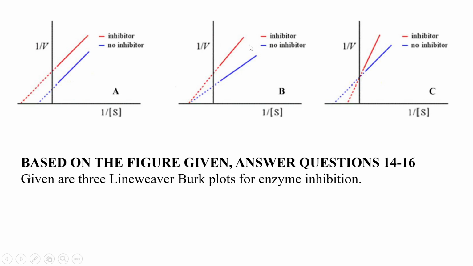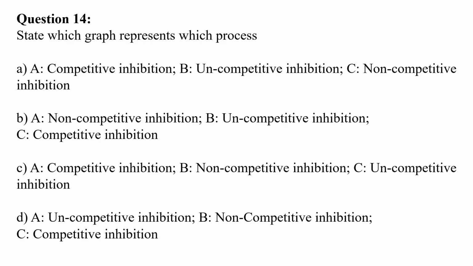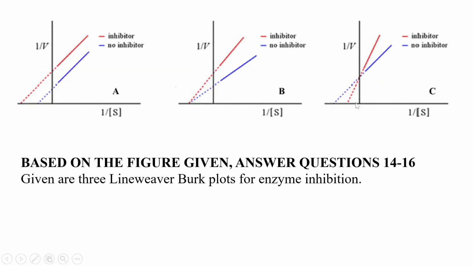In case of B, Km is constant and Vmax is decreasing. And in case of C, Vmax is constant and Km is increasing. You see here, Km is increasing. Minus 1 by Km is going towards the right-hand side, that means Km is increasing. Whereas in case of the uncompetitive inhibitor, the Km is decreasing.